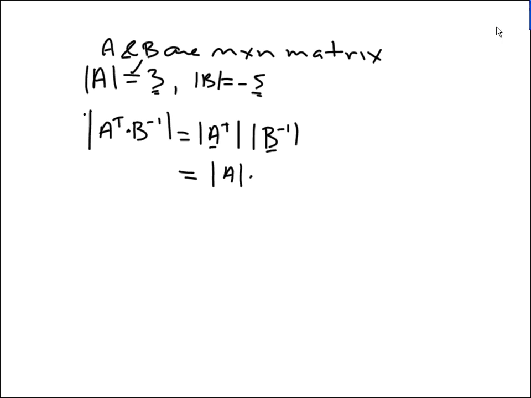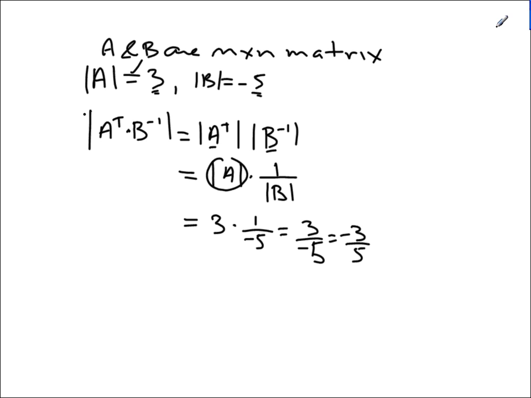Oh, the determinant of B inverse is 1 over the determinant of B. Our last theorem. The determinant of A is 3, times 1 over the determinant of B, which is negative 5. You get 3 over negative 5, which is negative 3/5. Pretty neat.